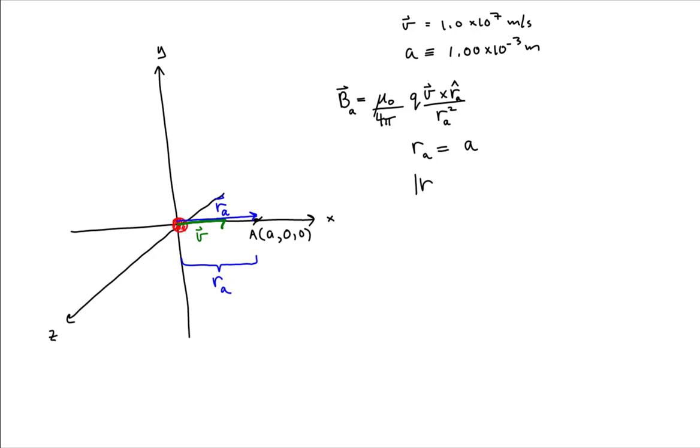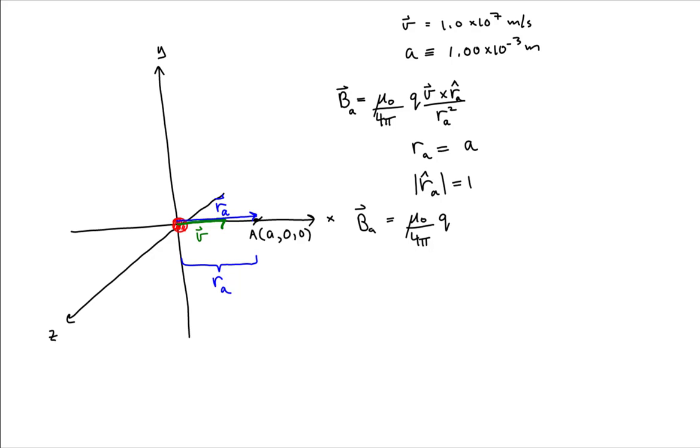Now, because r hat A is a unit vector of magnitude 1, we could easily rewrite the Biot-Savart law in terms of the magnitude of the cross product between the velocity and that relative unit vector.